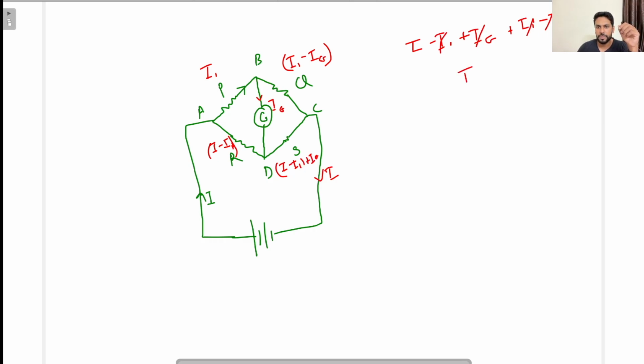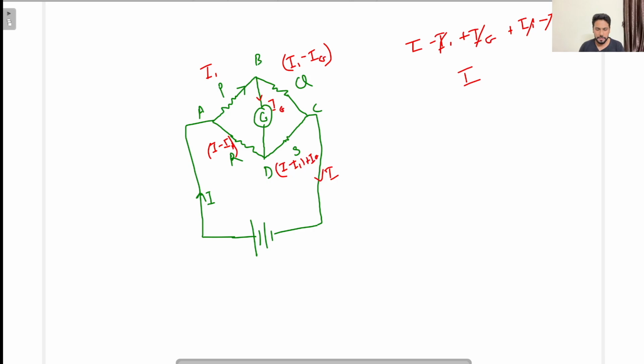My final answer is I. So current I is flowing back from C. Alright, I have created my currents. I have found out, if I is the total current flowing, what the distributions are going to be.